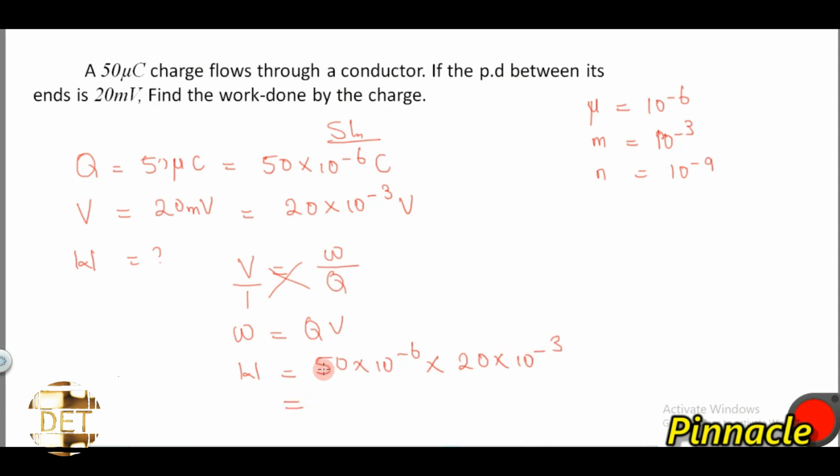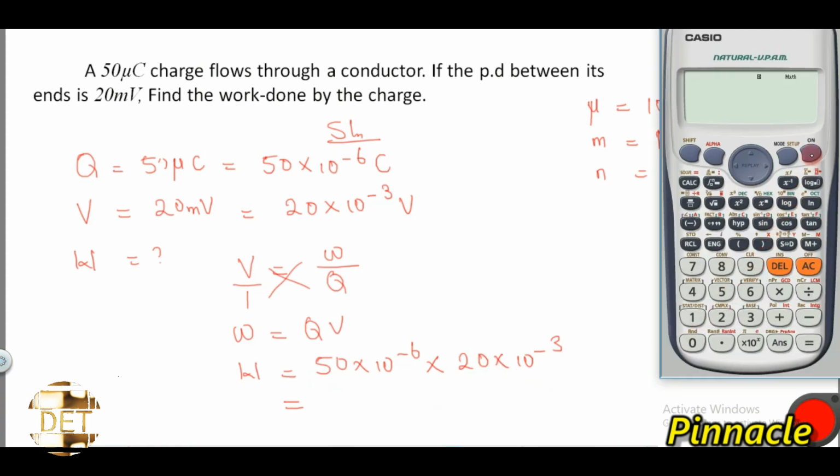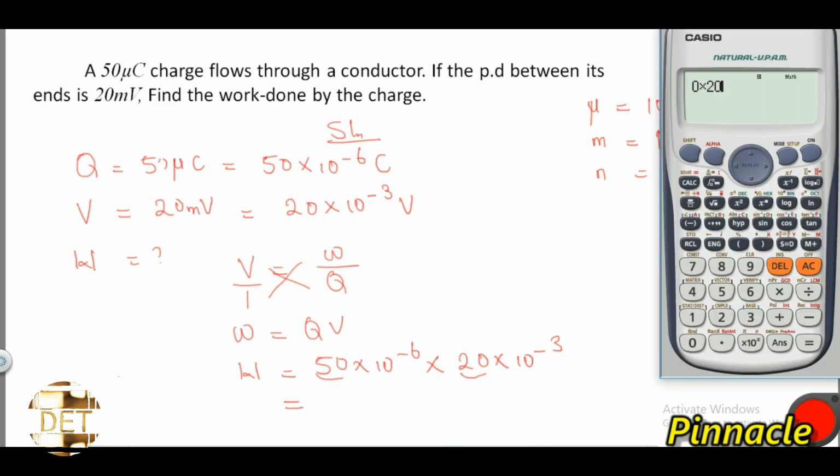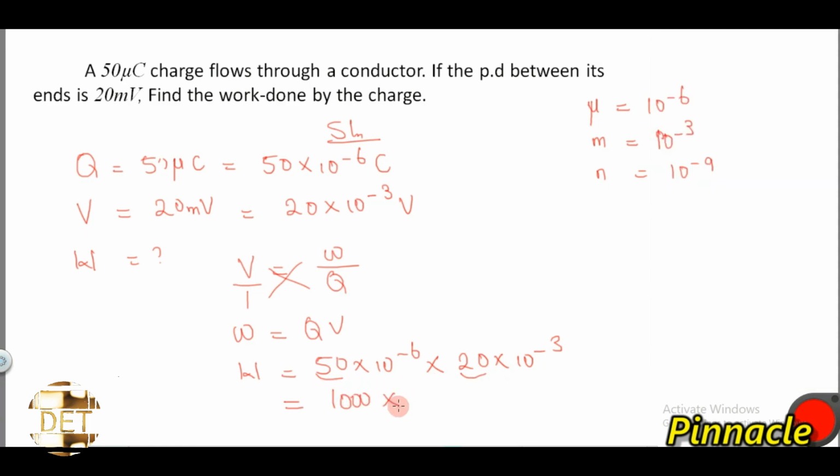So what would that be? So this will be equal to 50 times 20 is what? 50 times 20. So let me bring out my calculator. 50 times 20 will be equal to 1000 times, I have this index number, 10 raised to the power of minus 6 times 10 raised to the power of what?